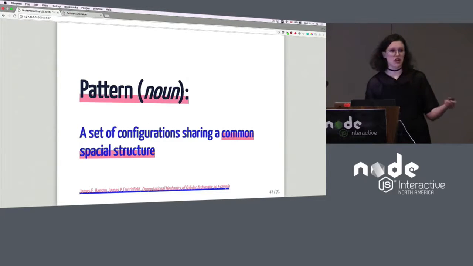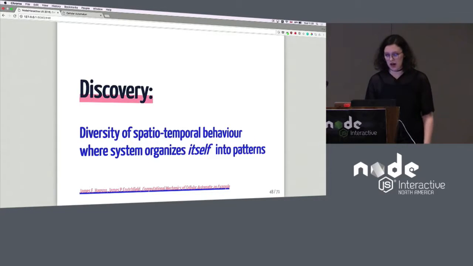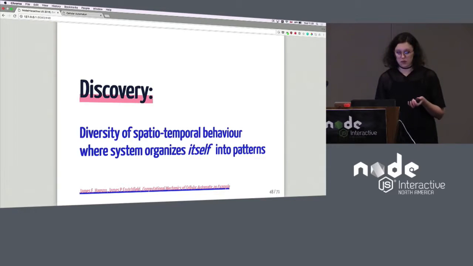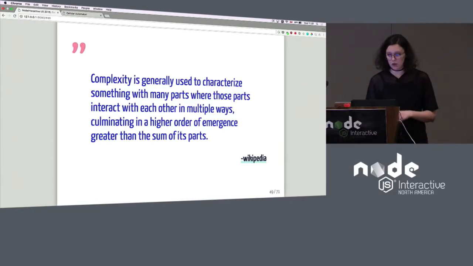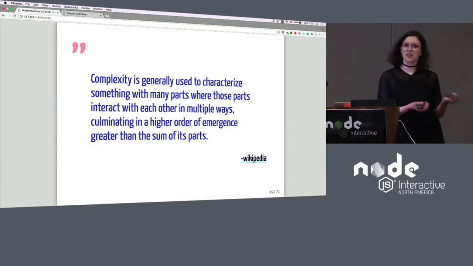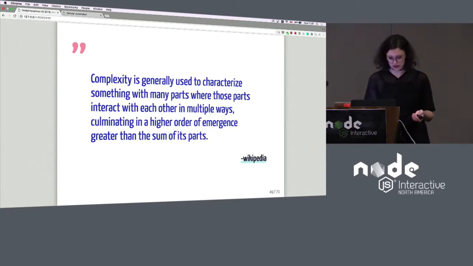They share this spatial structure that goes on and on, and especially in Rule 110, there's obviously more of them. What was interesting to a lot of people is that the system is able to organize itself into patterns. And because these particular patterns occur every time you start on a random initial state, we're back to the idea that it is a pretty complex system based on very simple rules.